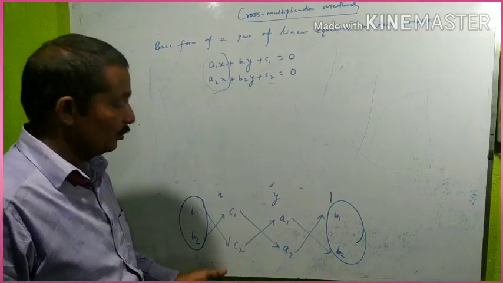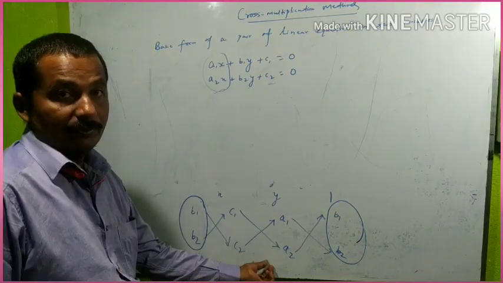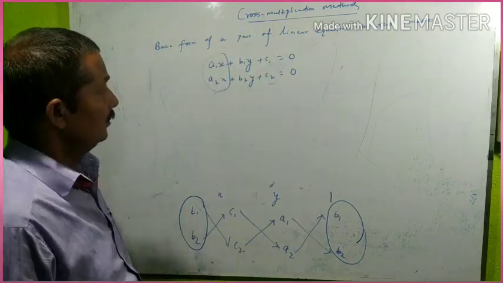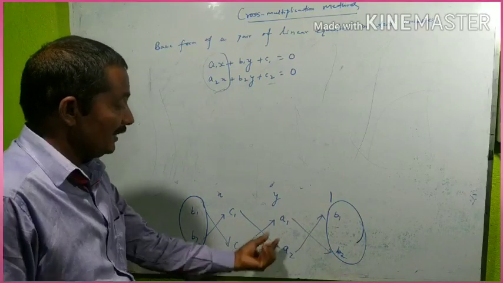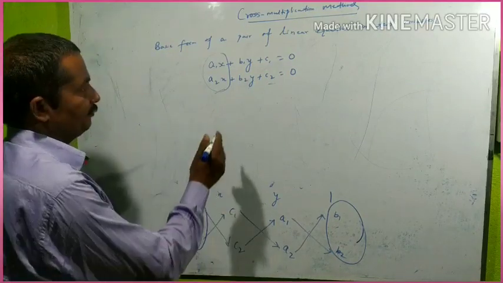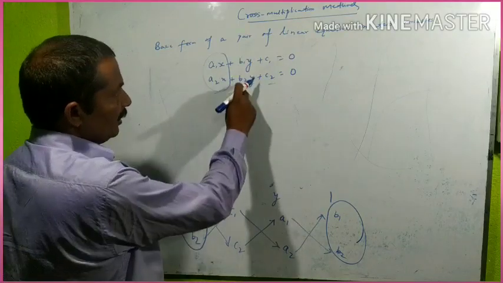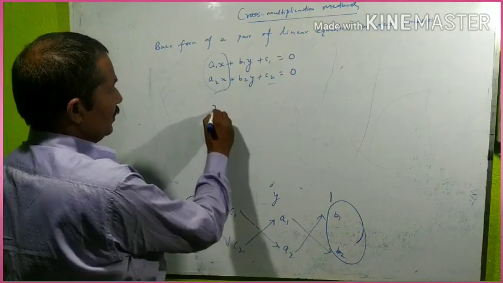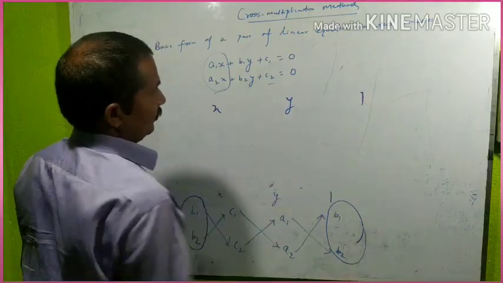Suppose you want to use this diagram for applying the cross multiplication method, then you will keep this diagram this way. I think it will be rather easy. Look here. You will start from the middle part, meaning here x, here y, here 1.